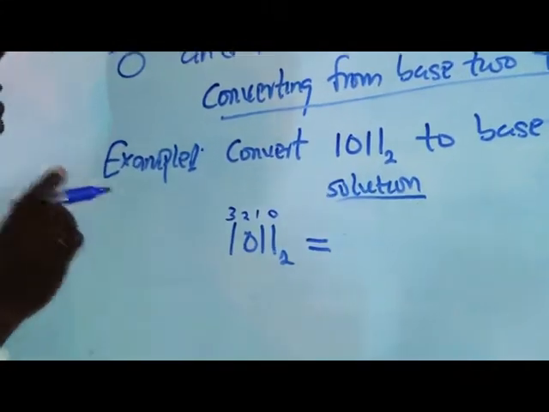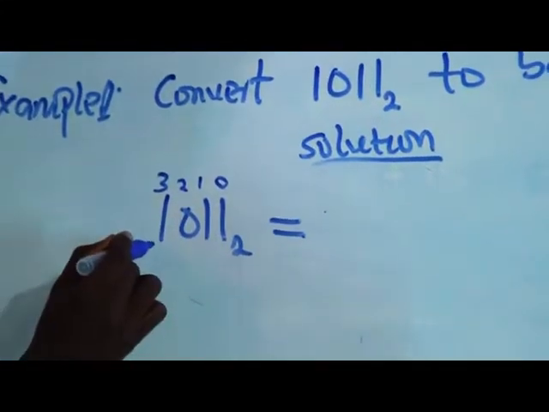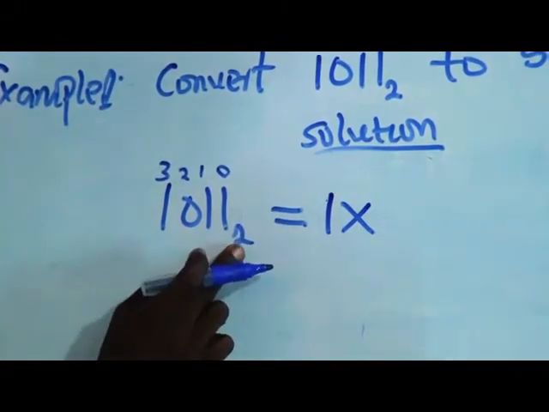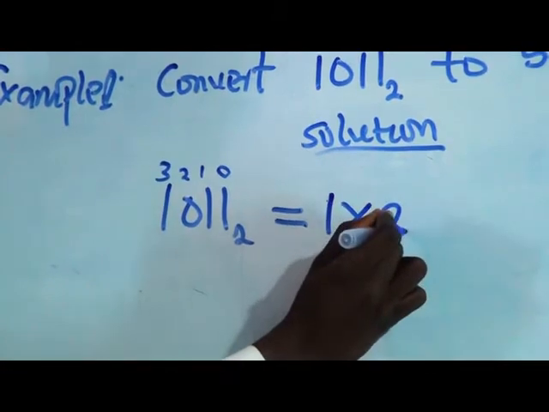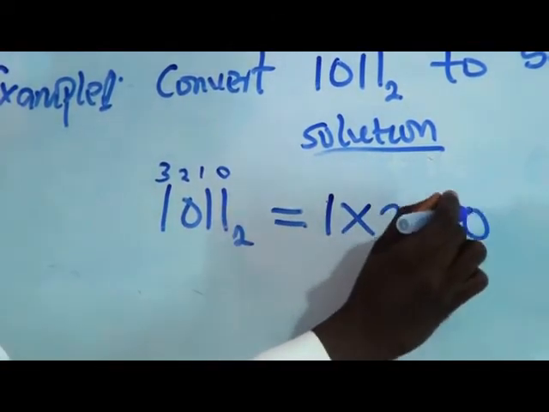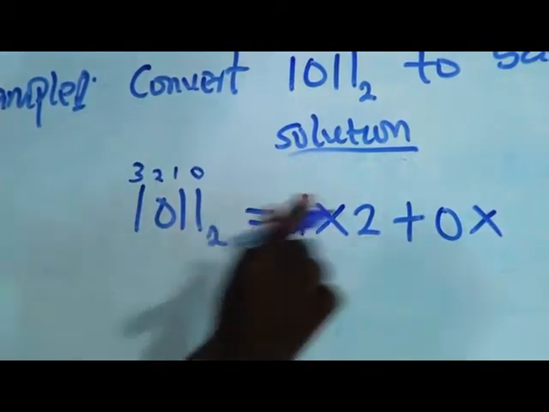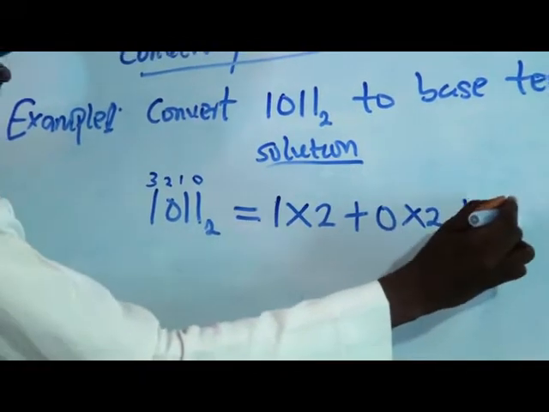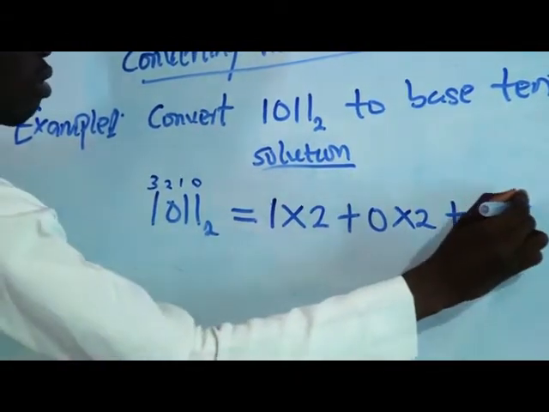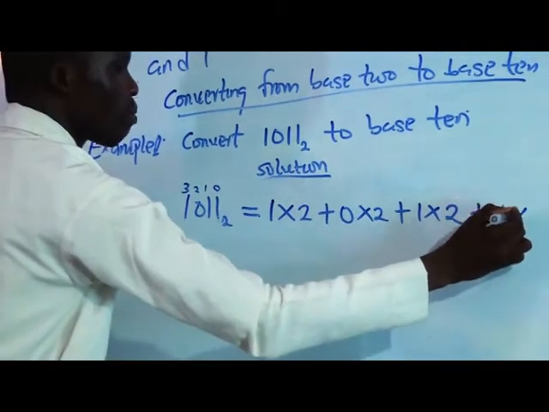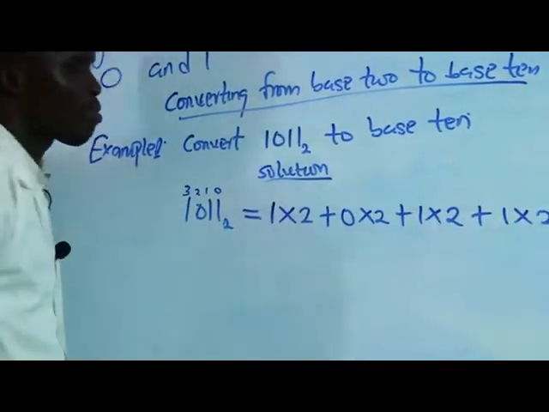Now pay attention, pick this one, multiply it by 2, plus, pick this 0, multiply it by 2, plus, pick this 1, multiply it by 2, plus, pick the last one, multiply it by 2.